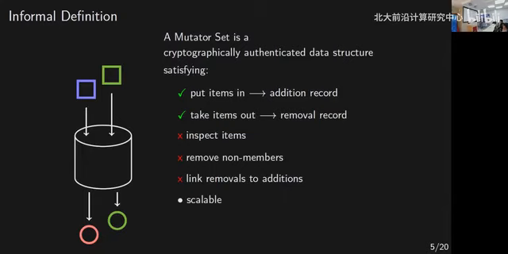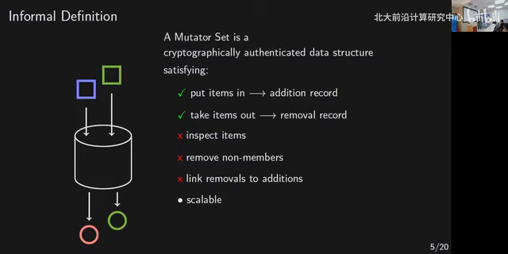And whenever you take something out, the thing that is visible to the rest of the world is the removal record. But you cannot inspect items. You cannot remove items that aren't in the set. And you should not be able to link additions to removals. And if you have all those, then we're also going to require scalability, which I'll define later.